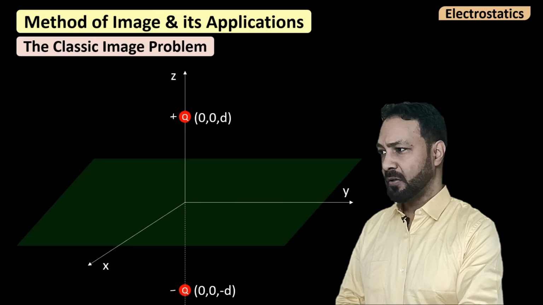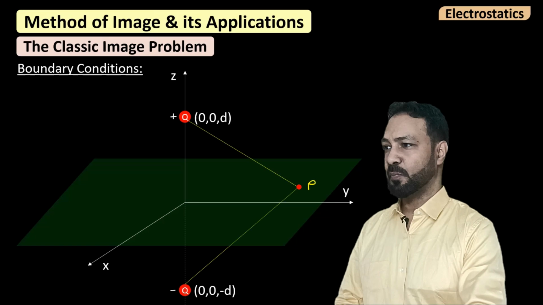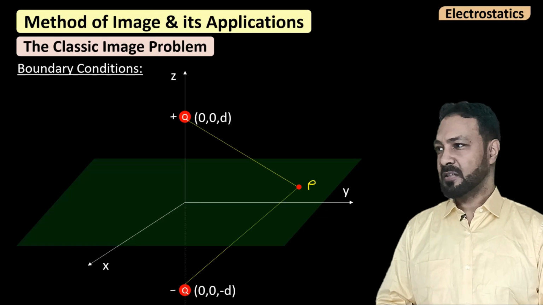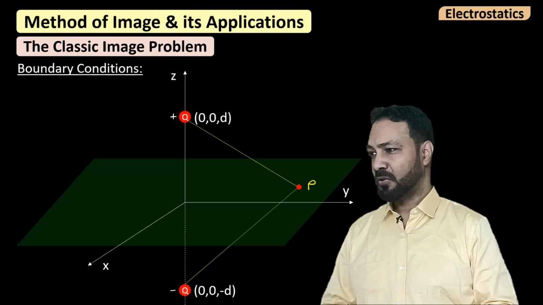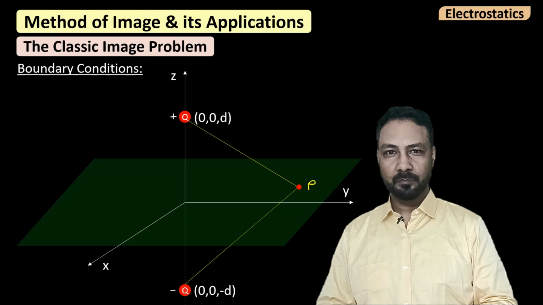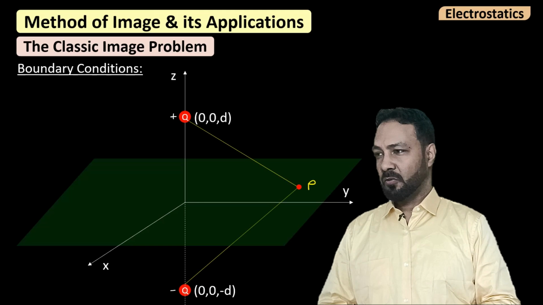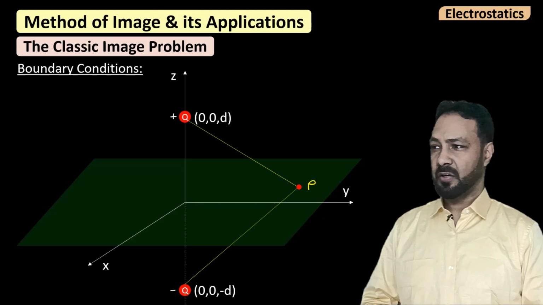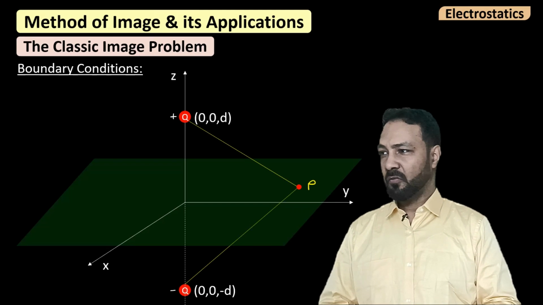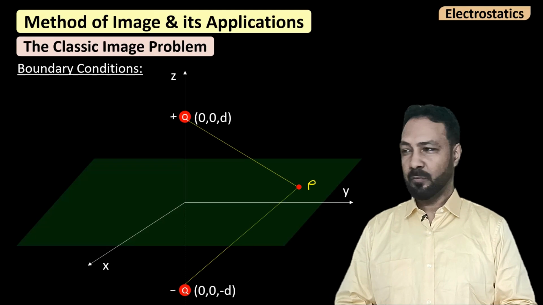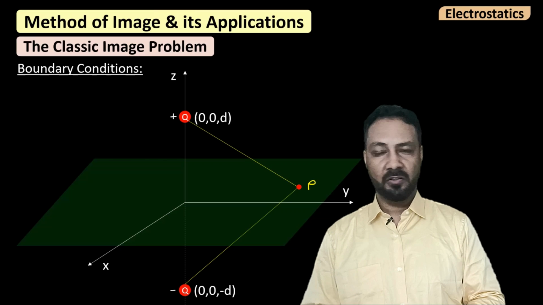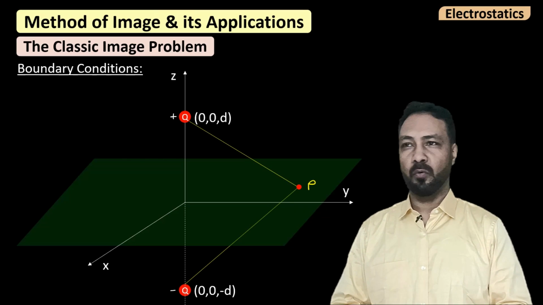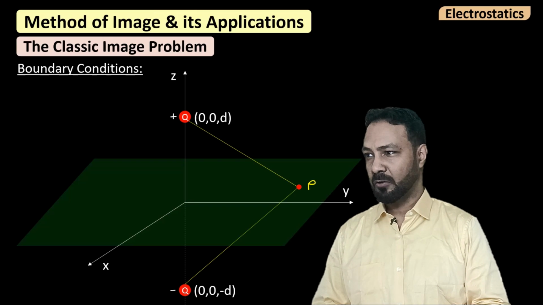Any point P on this xy plane is equidistant from the plus q charge and the minus q charge. Since the distances are the same, with a plus q charge and a minus q charge, the net potential at this point will be 0. So this distribution also gives potential 0 at z equals 0.